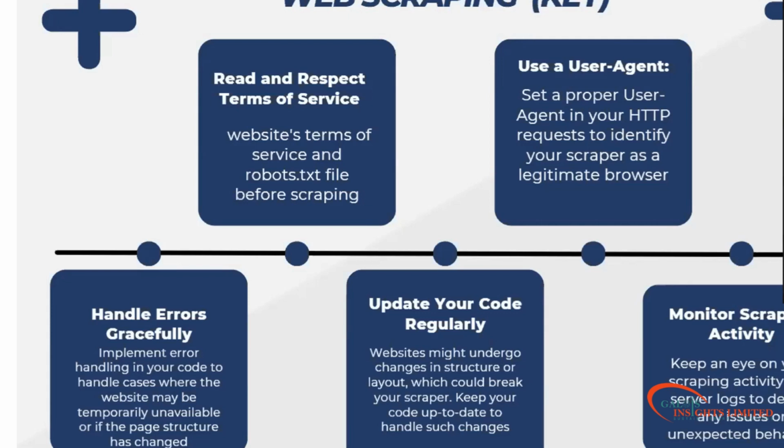So you have to understand which way you can use so that my request will be accepted, so that the website will allow me to go and take their data. There is also a way of handling the errors wisely.